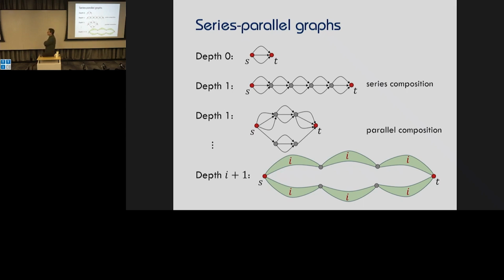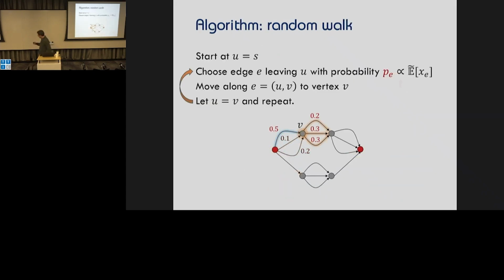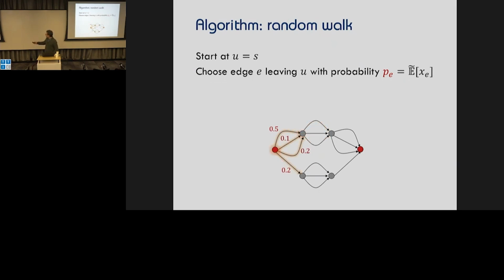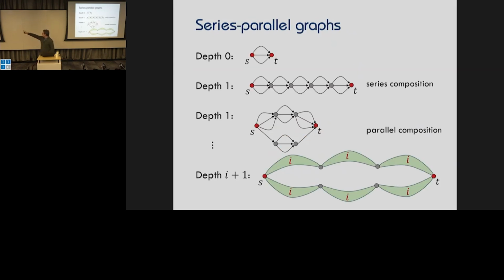Now, a depth 1 graph is obtained by serial composition of series parallel graphs of depth 0. We take several graphs of depth 0 and then just combine one after another.